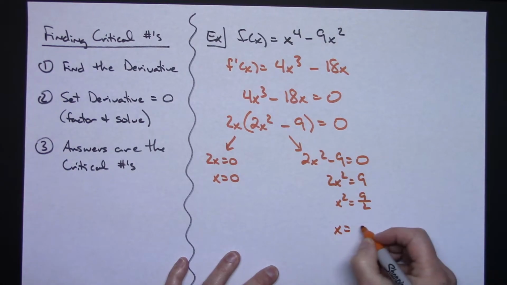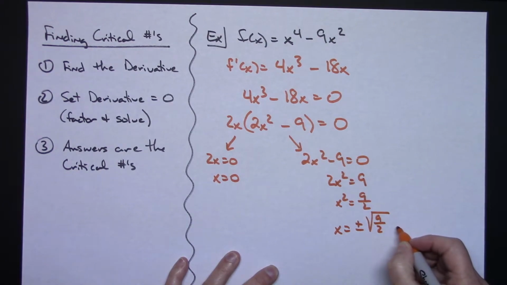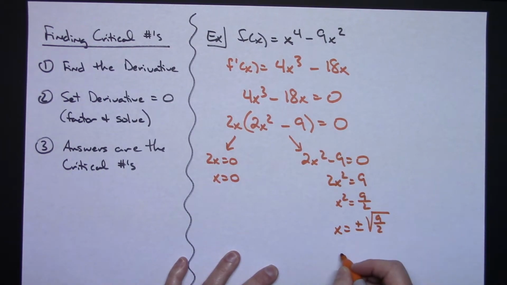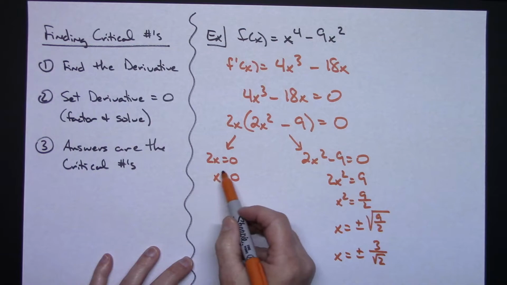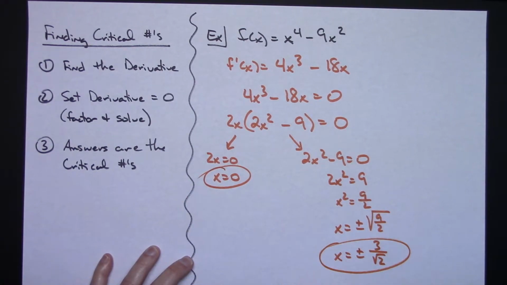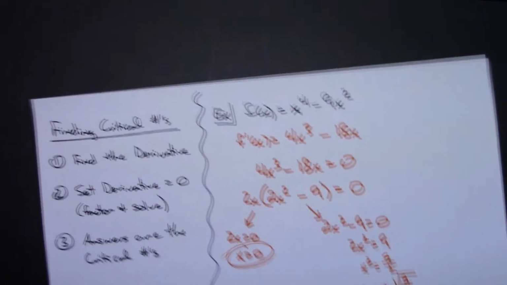Then x equals plus or minus the square root of 9 halves, and I can simplify the numerator so x is plus or minus 3 over square root of 2. Depending on how far you want to simplify, you can rationalize that, or otherwise just leave it like that. So the critical numbers for this first one are x equals 0 and x equals plus or minus 3 over square root of 2. That's a straightforward example with a polynomial curve.